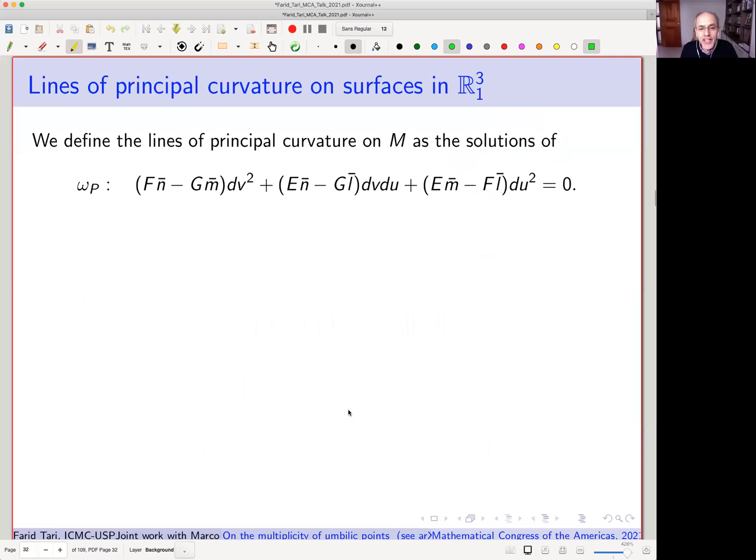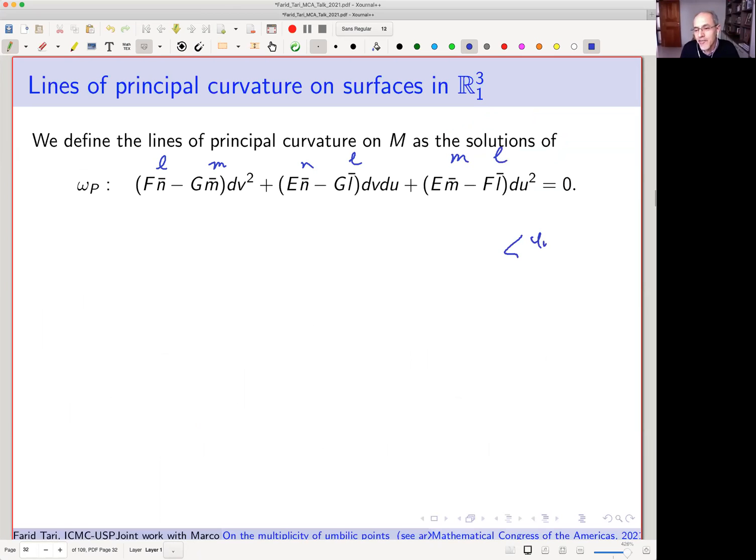In this way, because the equation of the lines of principal curvature is homogeneous in L, M, and N, I can just multiply the original equation. I have L, M, and N here. But what is L?